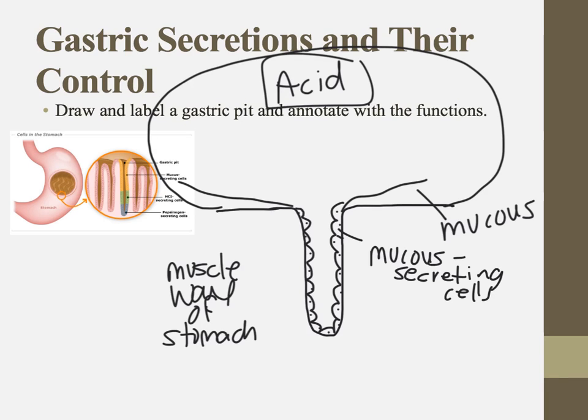Okay. We also have cells that secrete something called pepsinogen. So, pepsinogen secreting cells. They secrete an enzyme called pepsinogen, but it's not active until you put it into an acidic environment.